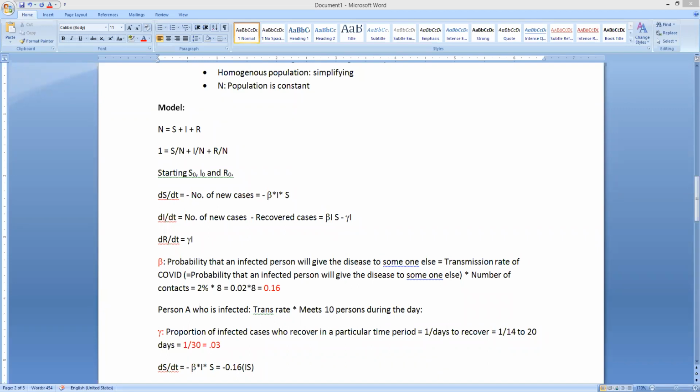After that, the infected cases start declining. It starts declining because of 2 reasons. Either you have a vaccination, or because people have already developed immunity. They have caught the disease, and therefore they develop immunity, so you don't have any reinfection.